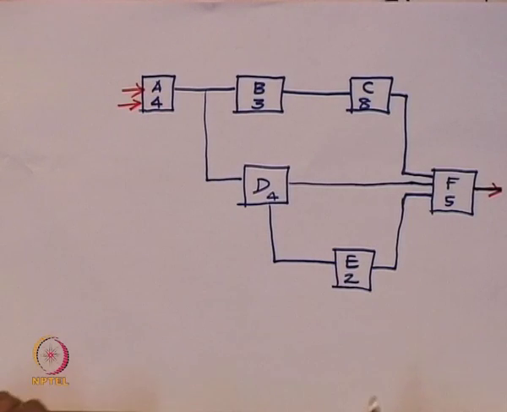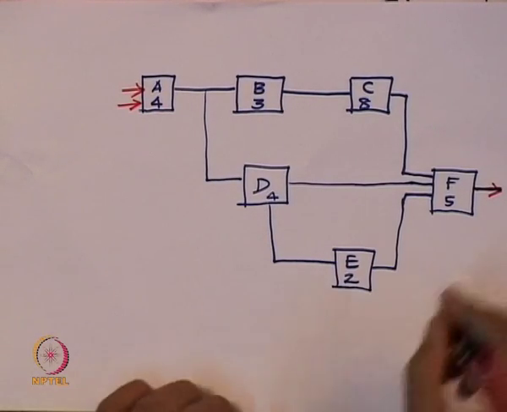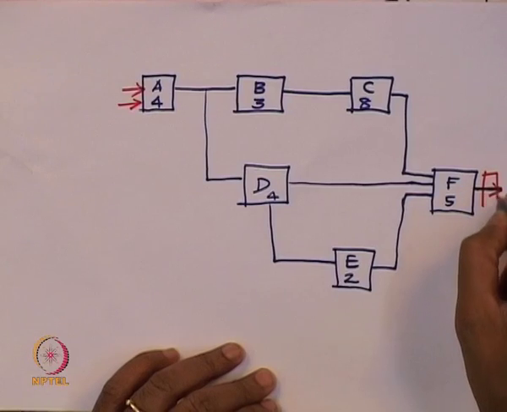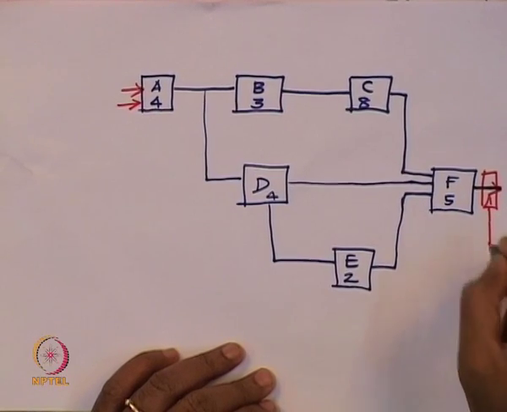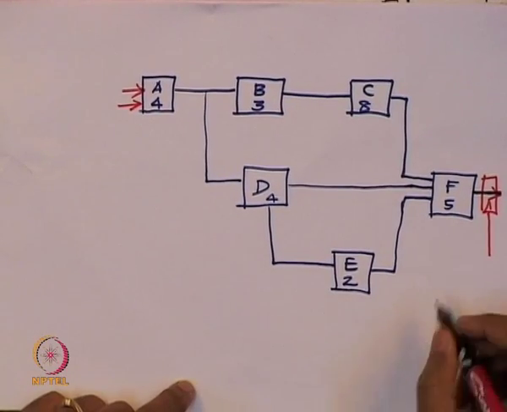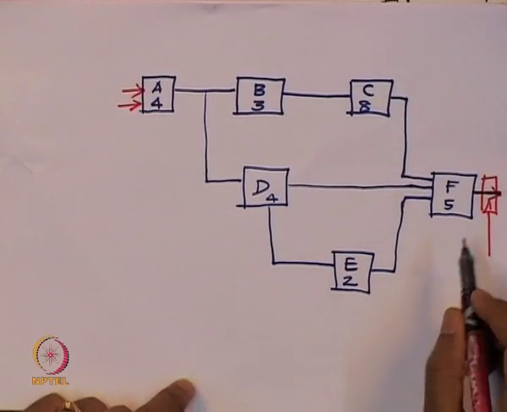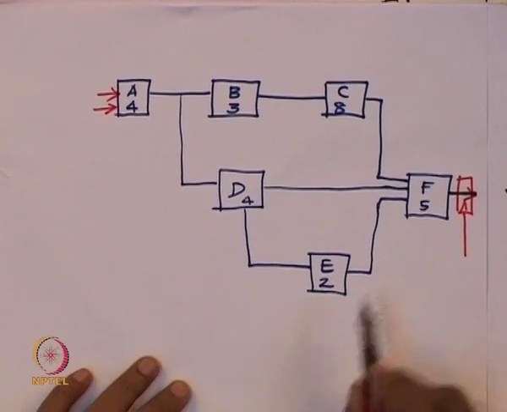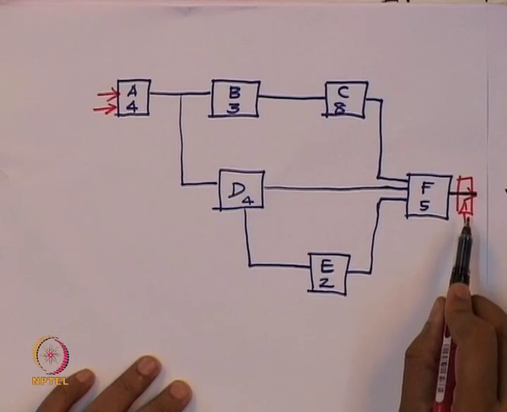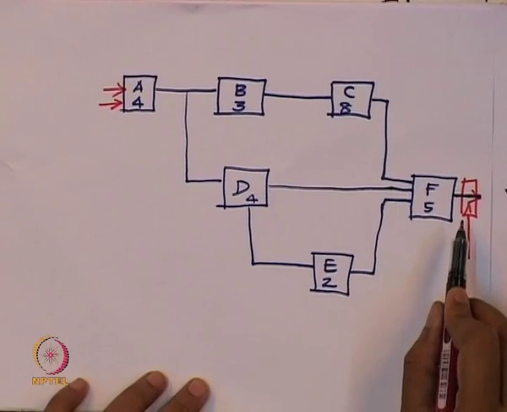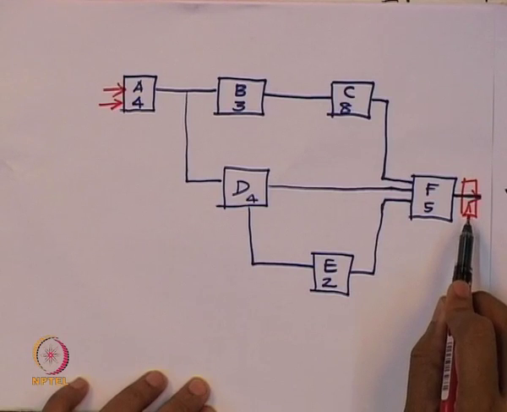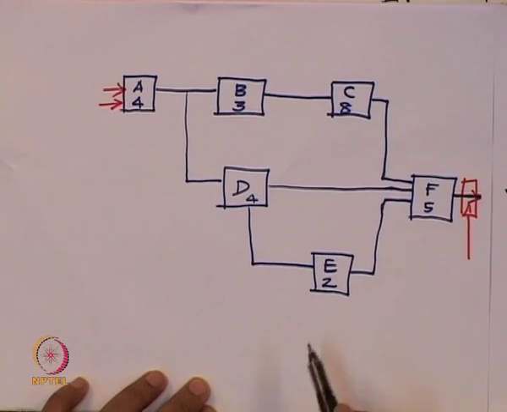If I want to pipeline, the first thing to do is put a flip flop right here. Every pipeline circuit should have a flip flop at the output. So I put a flip flop here.